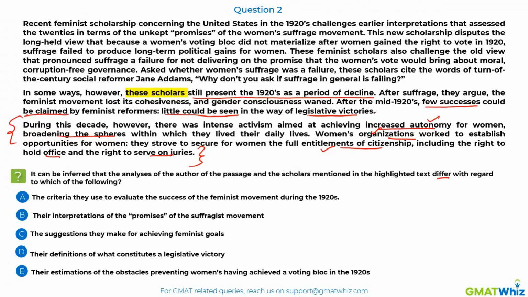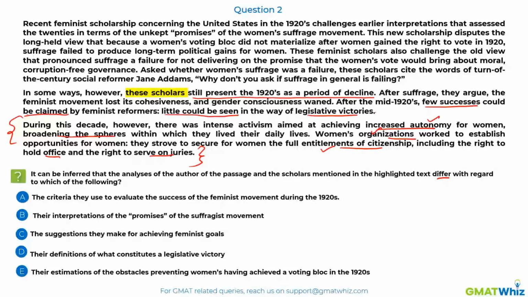So the feminist scholars are not arguing over the same points as the author. They are not arguing over autonomy. They are not arguing over full entitlements of citizenship. So it seems that the two are differing over what is considered a success and what is not considered a success.